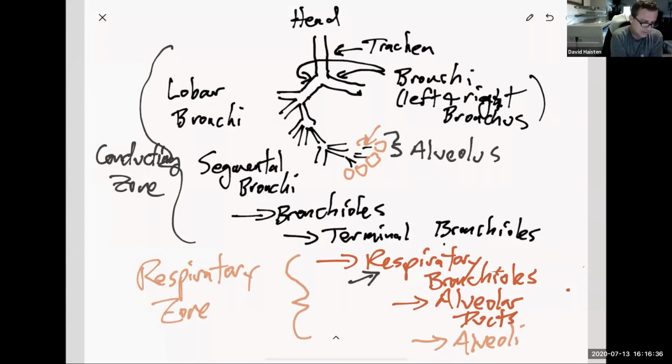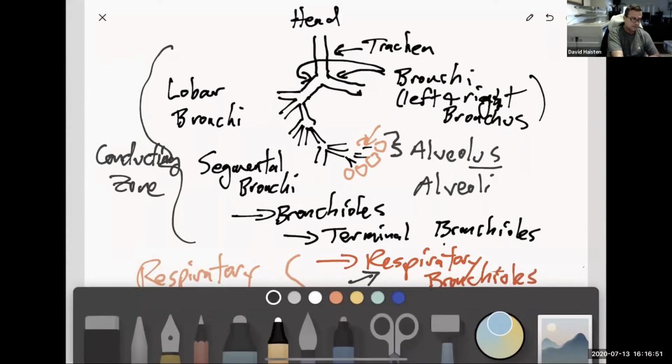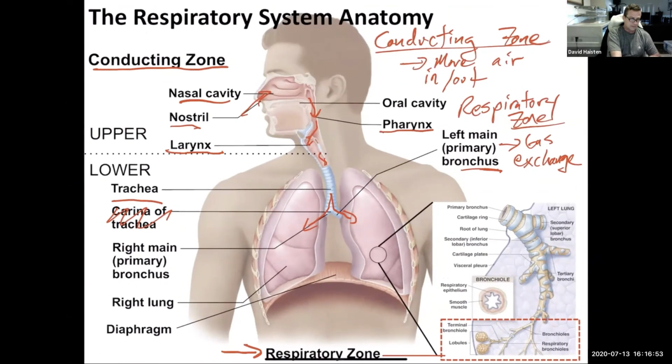This is singular. Alveoli refers to multiple. So that's what's going on.